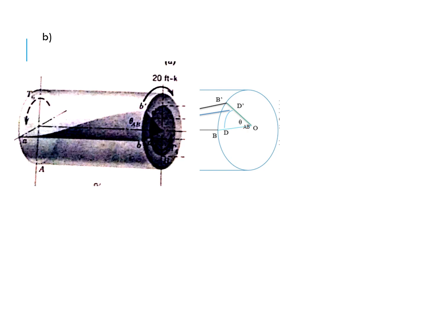You can see that theta AB is due to the movement of B to B dash. And D to D dash is indicating the other part of the shaft, which is 4 inch in diameter. For the time being we will not consider DD dash, we will focus on the movement of BB dash.